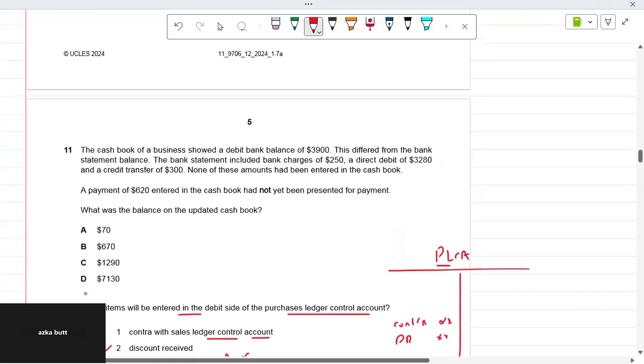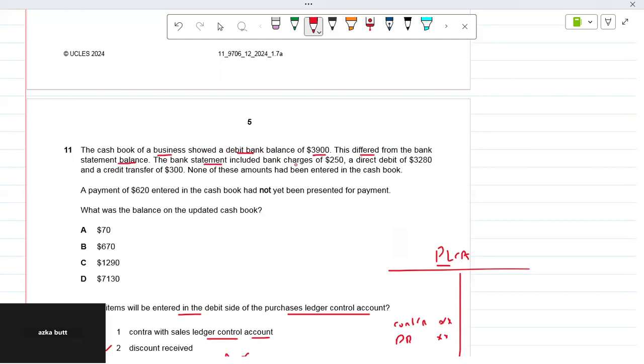Okay. Now let's see the 11th question. So the cash book of a business showed a bank balance which is 39,900. This differs from the bank statement balance.